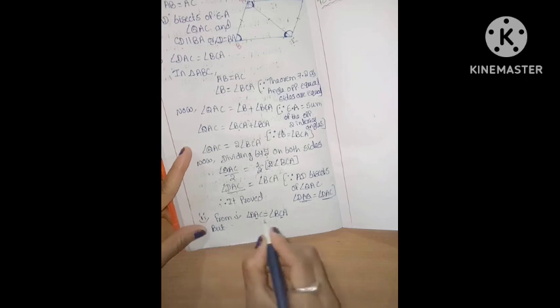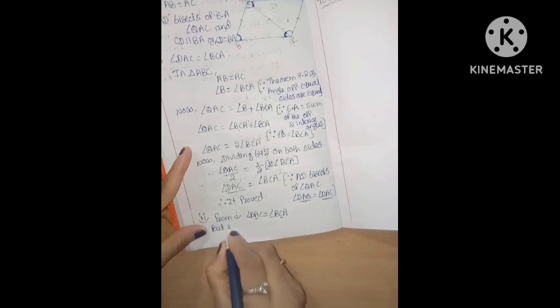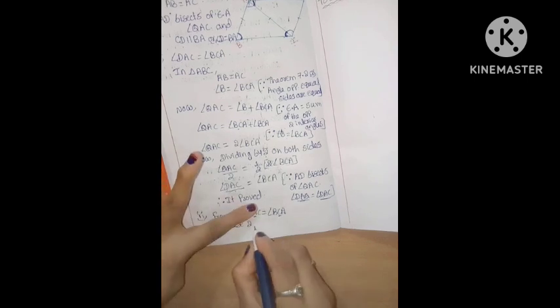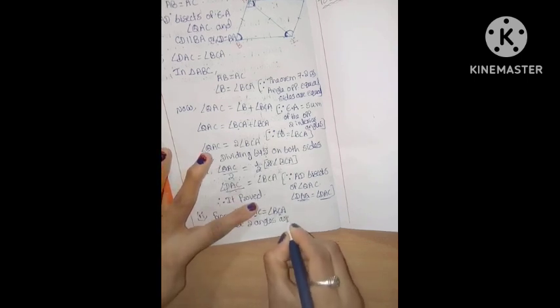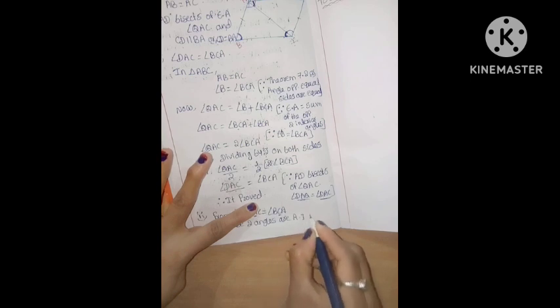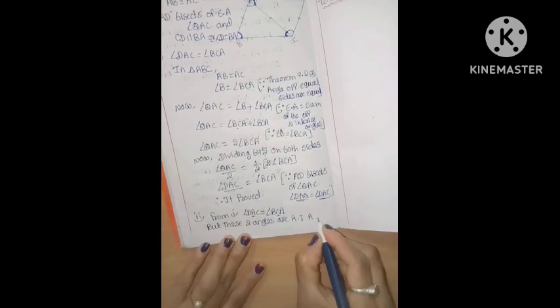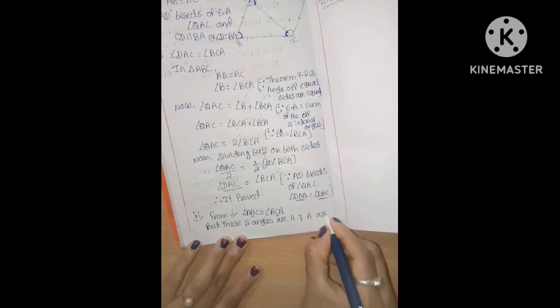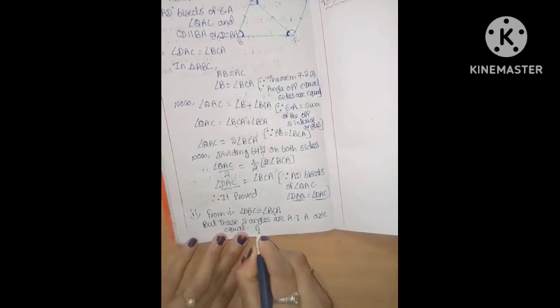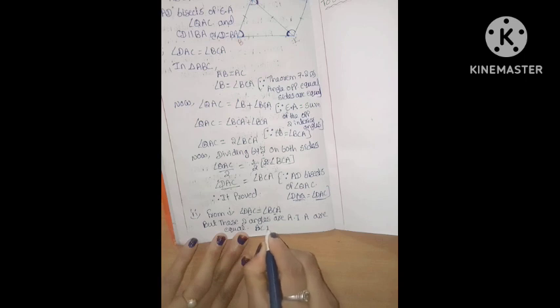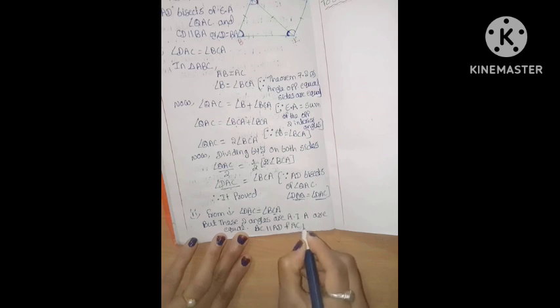These two angles are alternate interior angles, and they are equal. Here BC is parallel to AD and AC is the transversal.